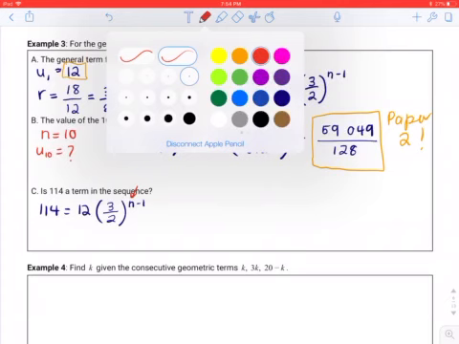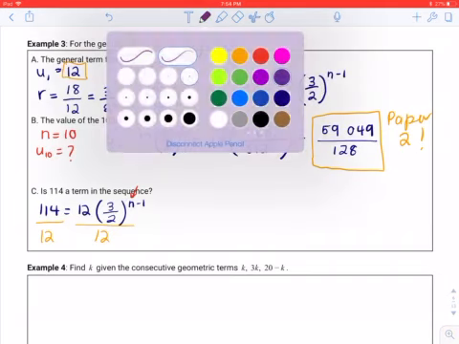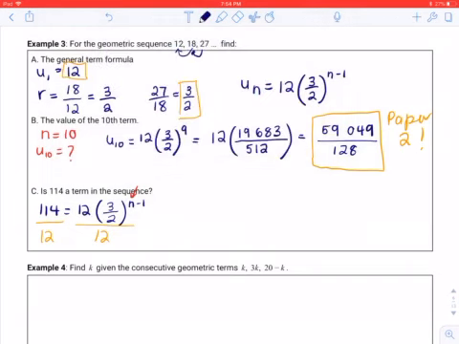The first thing that you probably would want to do is divide both sides by 12 to get rid of that coefficient. 114 divided by 12 gives us a simplified fraction of 19 over 2 equals 3 over 2 to the power of n minus 1.